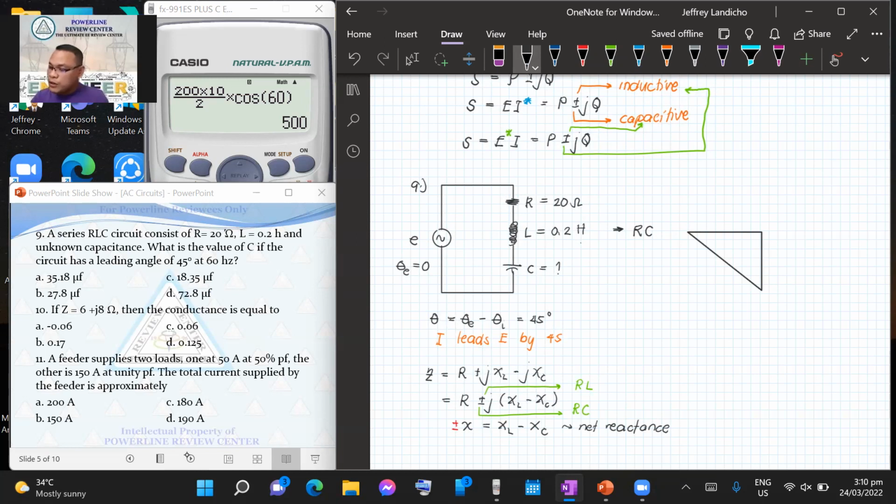So this would be the resistance. This is our reactance, and this is the magnitude of the impedance.